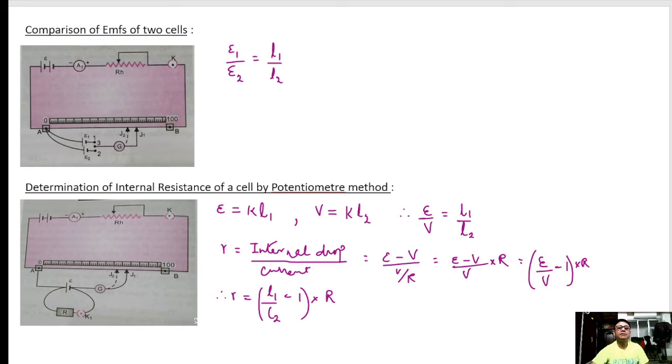So now let's see. As I told you, the potential depends upon the length chosen.